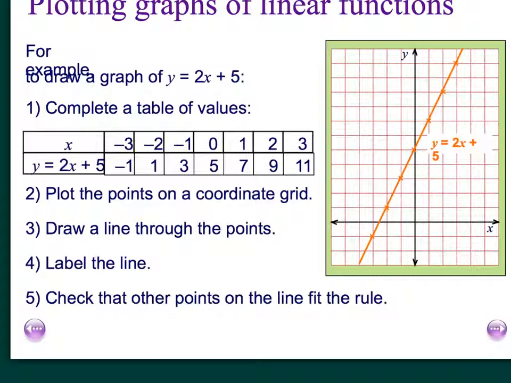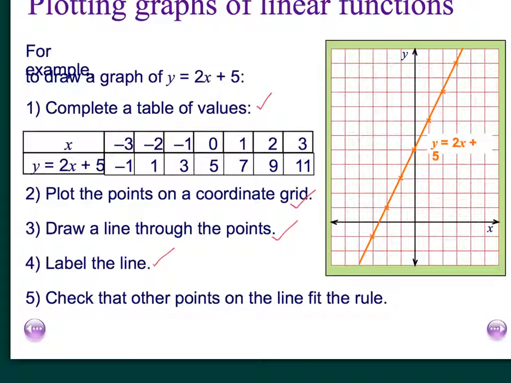So we now have completed our table of values. From those table of values we came up with our coordinates and we've plotted those coordinates on our graph. We've drawn a line through the points and we've labelled the line y equals 2x plus 5.